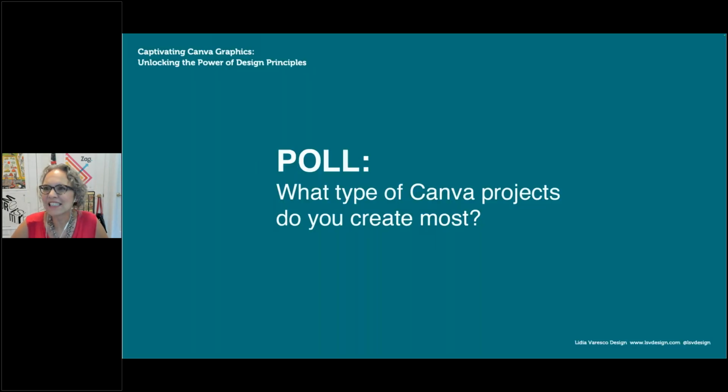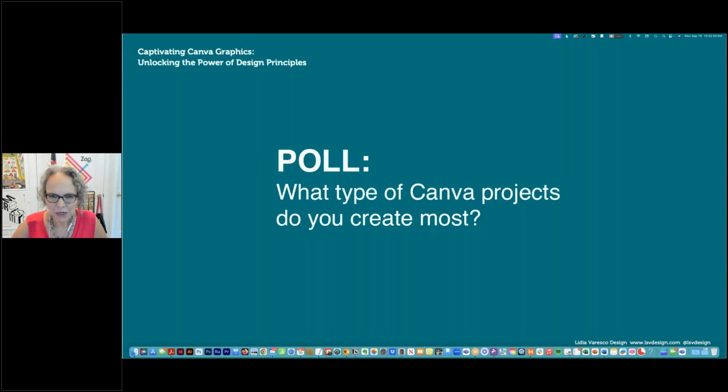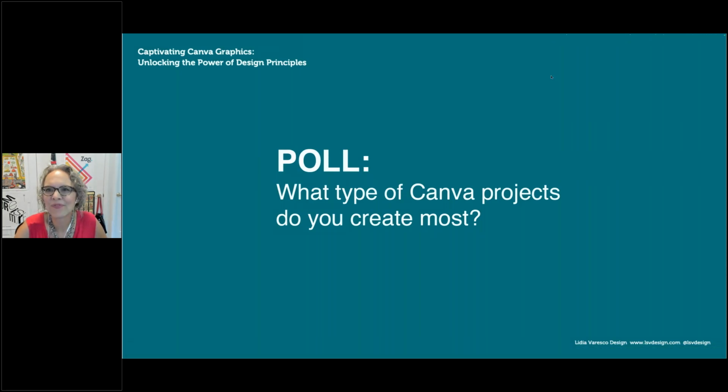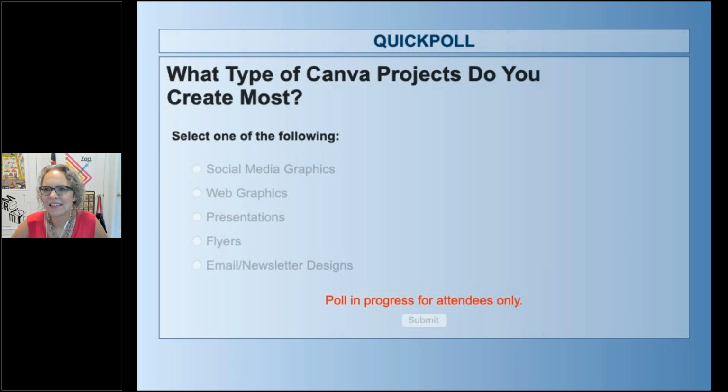All right, first we're going to take a couple of polls. So a poll's going to pop up on your screen in a second here. The first one is, what type of Canva projects do you create most? And there's going to be a couple different ones for you to choose from in that poll. Basically, just to give me a sense of what everybody is working on in Canva.